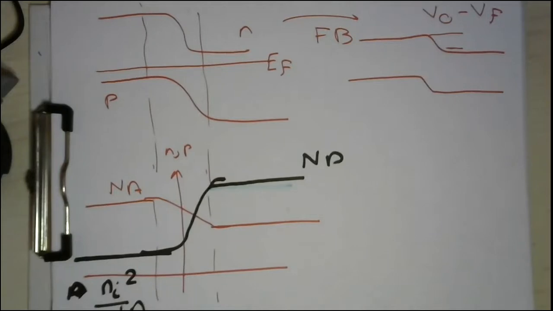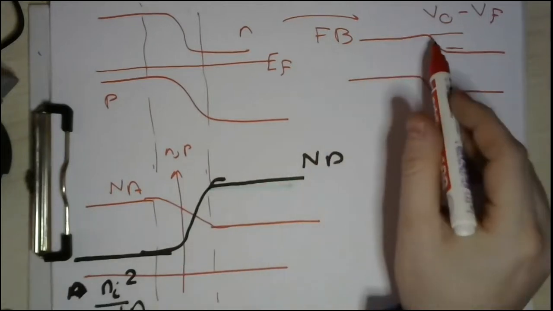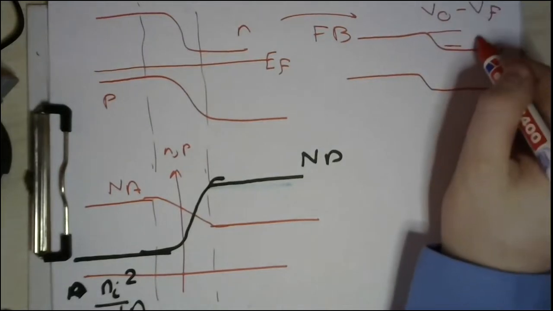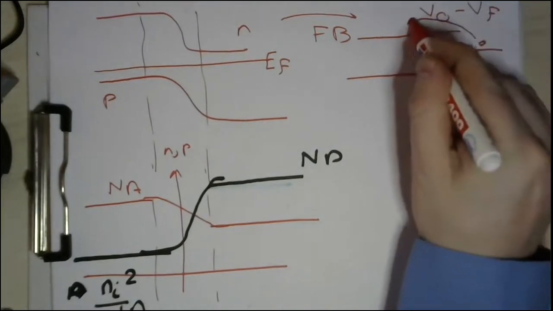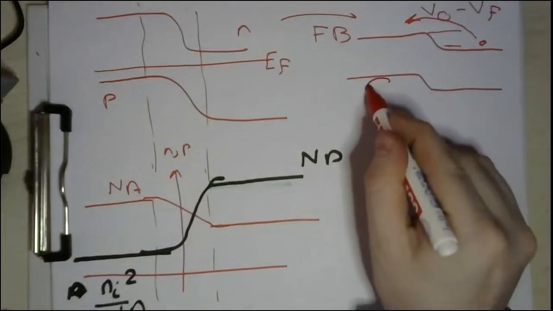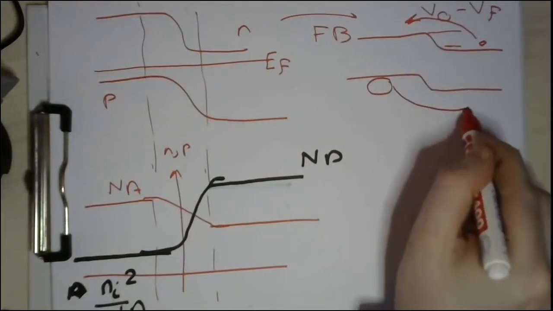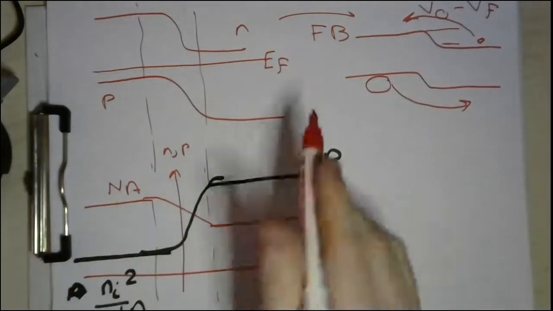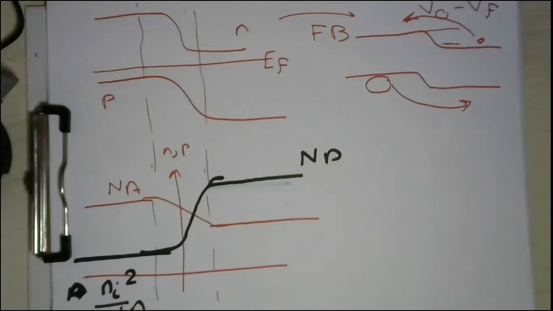Whenever the barrier is reduced, some electrons will be transferred from the N region to the P region, and some holes will be transferred from the P region to the N region, because you have a lower barrier. So some electrons can escape and go to the other side. If you remember, my dear students, I gave the example of a rich man and a poor man.